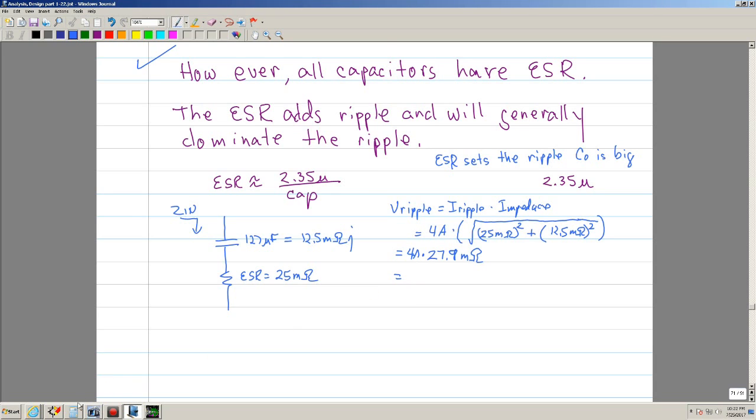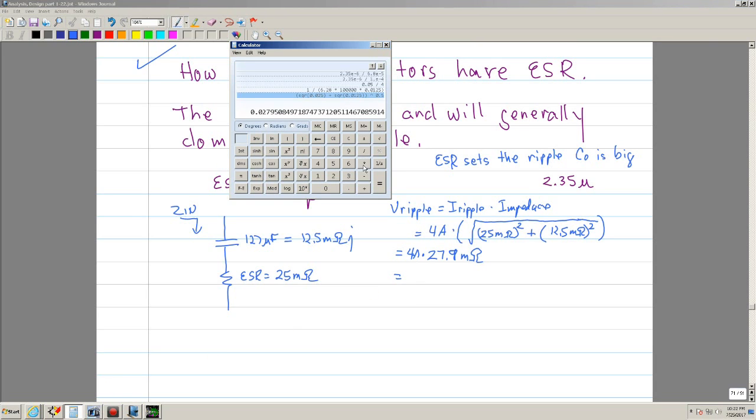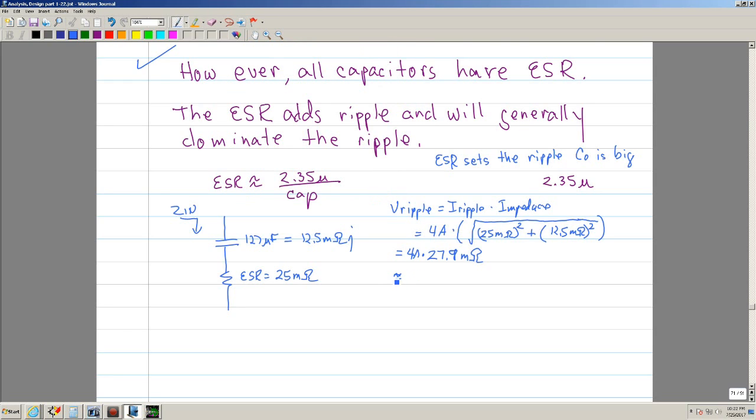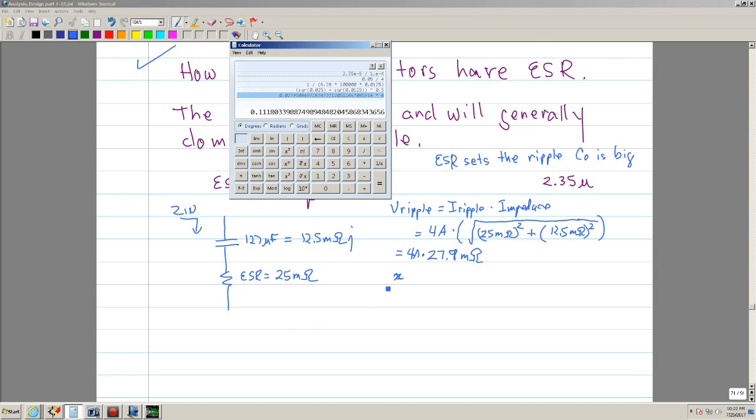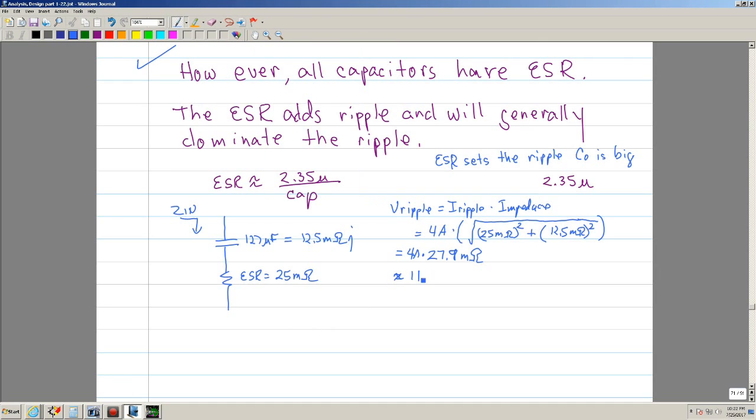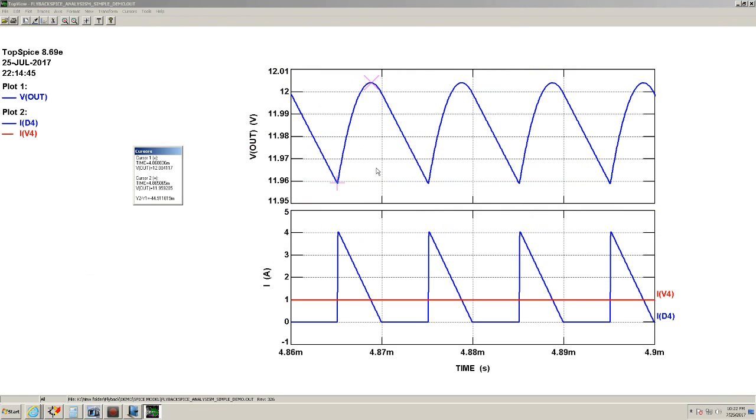Okay, so now we can multiply that times 4 amps. So we should have a ripple approximate to 111 millivolts. So in this case, it does not meet spec. Okay, so let's see how close.